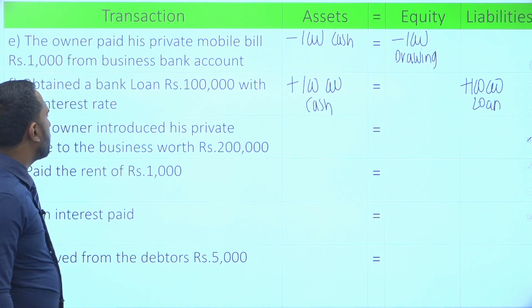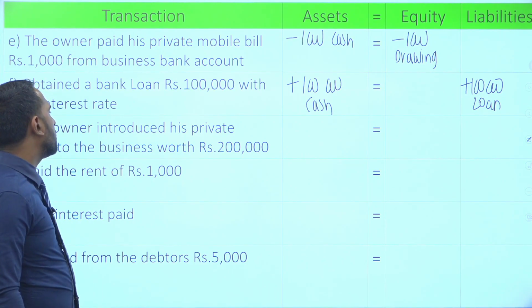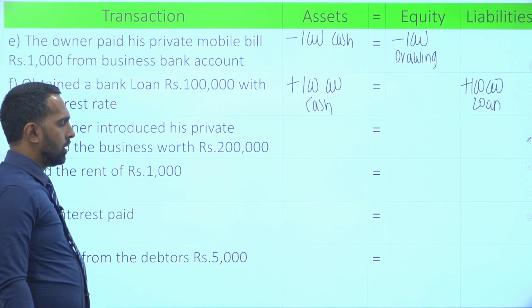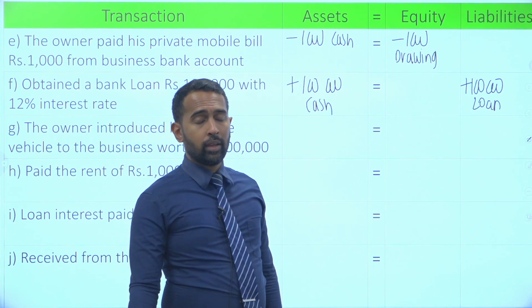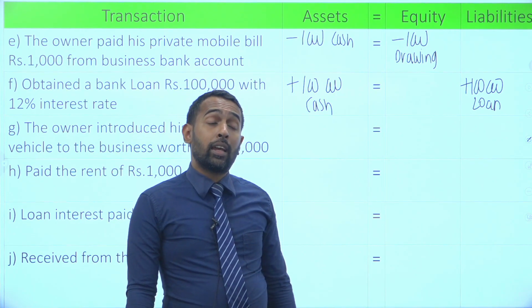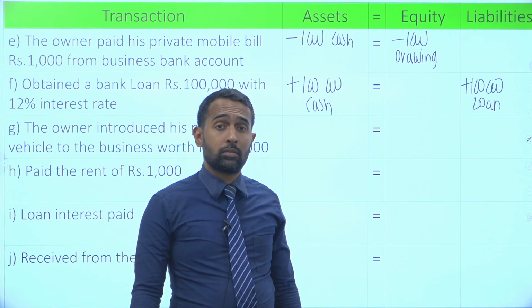Next one, the owner introduces a private vehicle to the business worth 200,000. The owner has invested his personal vehicle, worth 2 lakhs, maybe a bicycle, in the business.